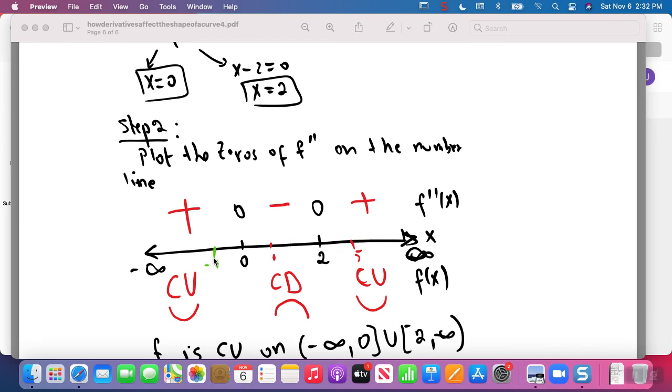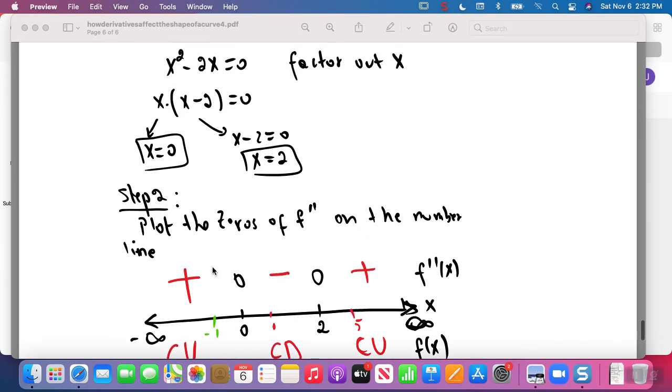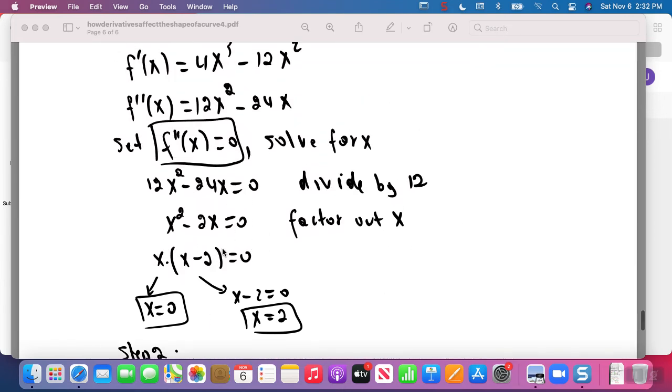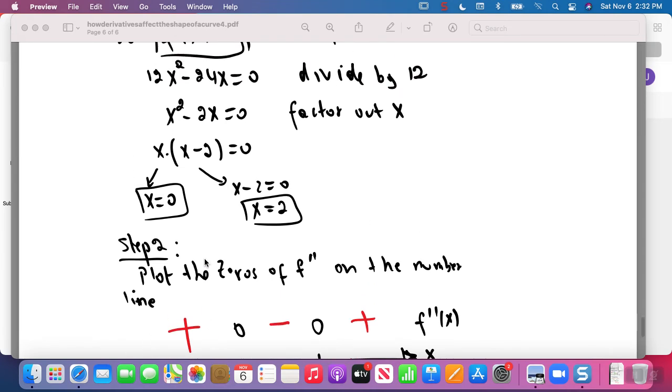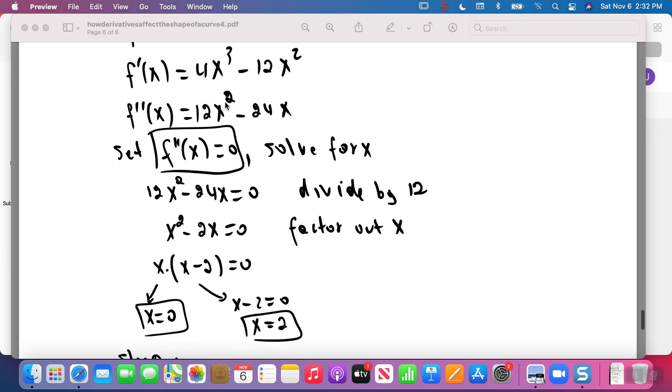So what we have to do is pick a test point on every interval and then evaluate the second derivative at those test points. The second derivative function is basically this function here. That's the second derivative. So if you pick, for example, negative 1 on this interval, you plug in negative 1 for x, it's going to give you positive 12, and then a plus 24.